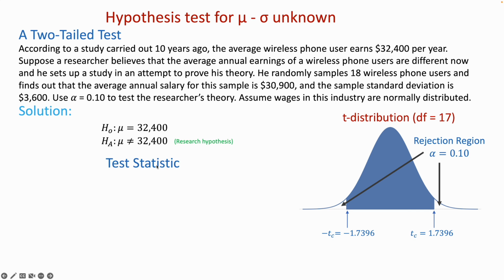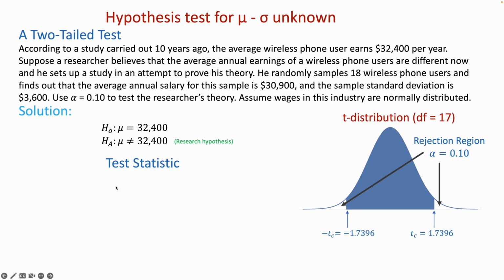This is another step of hypothesis testing. First, we need the null and alternative hypotheses. Second, we need to define the rejection region and the acceptance region. And then compute a test statistic. If I don't know sigma, the population standard deviation, I'm going to use the t-test statistic. So I'm using the t-distribution, and also the t-test statistic.